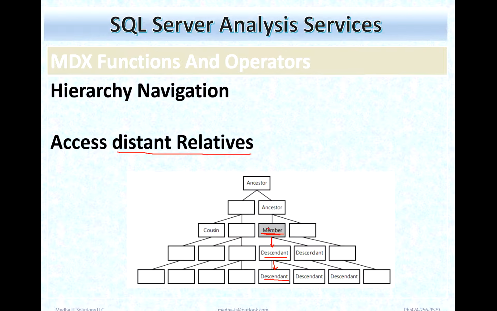Like that, if you want to navigate more than one level, you use distant relationships. In case of distant relationships, you call them descendants and ancestors. If you go to the parent levels, it is called ancestors, and if you go to the child level, that means the lower level, it is called descendants.